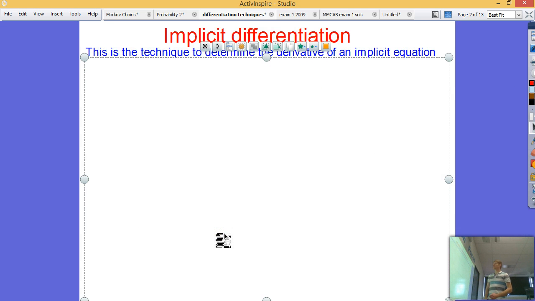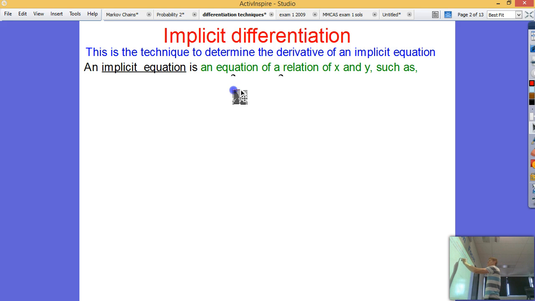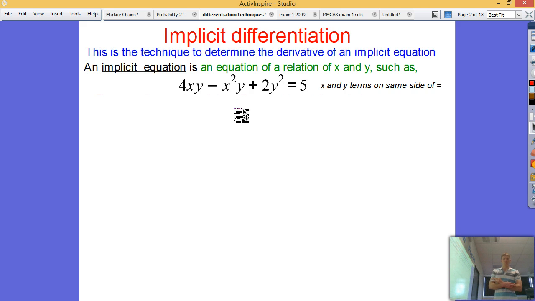Okay, so implicit differentiation involves a technique to determine derivatives of an implicit equation. An implicit equation is when we have the x and y's together on one side of the equal sign in a relation, just like that.